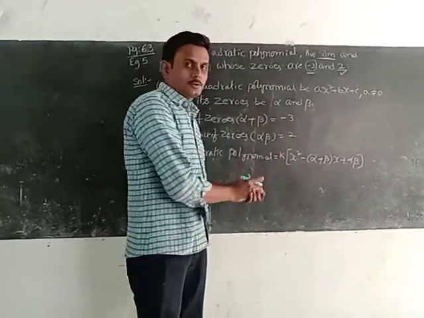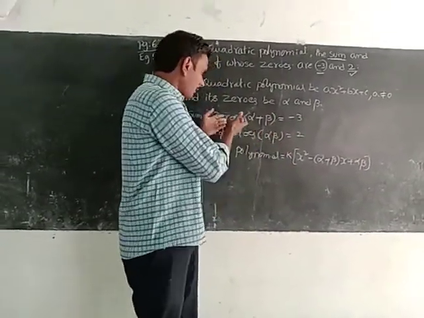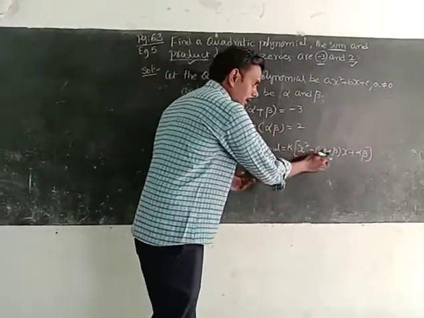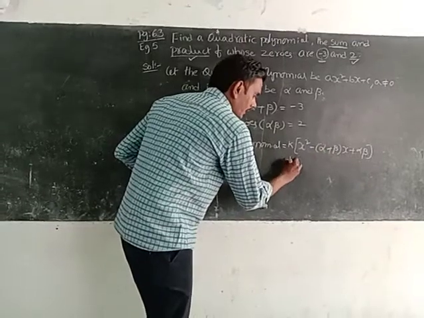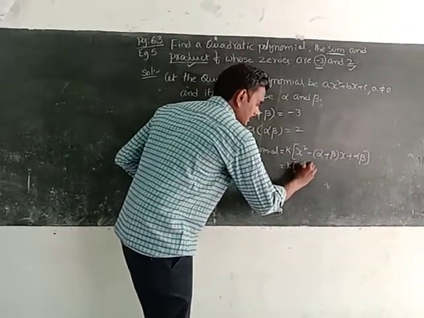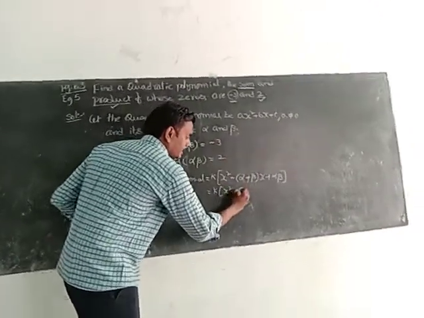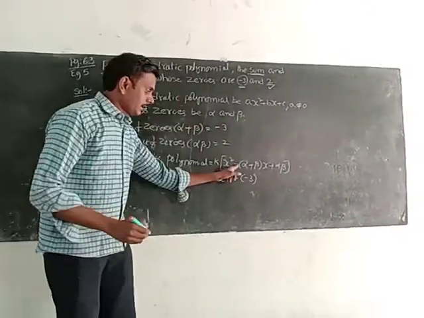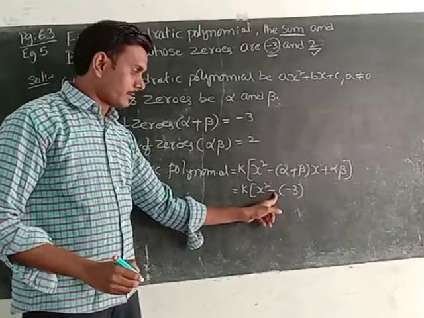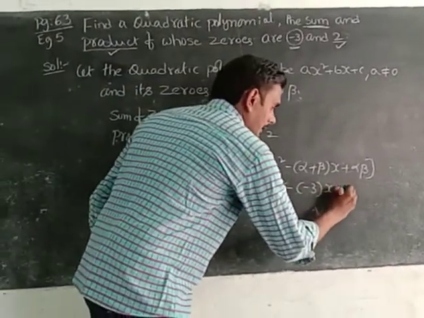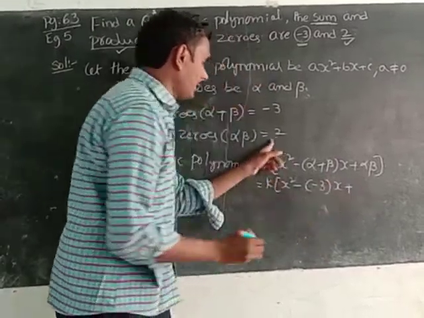Now replace the values. The sum and product of zeros are directly given. Alpha plus beta is -3, and already a minus is there, so I write minus before the bracket: minus of -3 into x plus alpha beta value, plus 2.